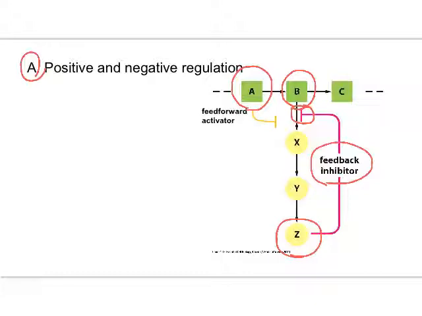So in this case, if there's a lot of reactant, there's probably less of the product, and this reactant can feed forward, it's called, and activate this first enzyme in the pathway, thereby causing the reaction to move forward faster in the making of product Z to use up A. So I think of this very much like supply and demand in economics. If you don't have enough supply, we're going to stimulate making more. If there's too much, we're going to inhibit making more.